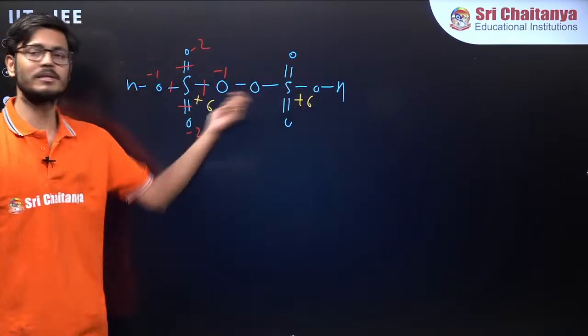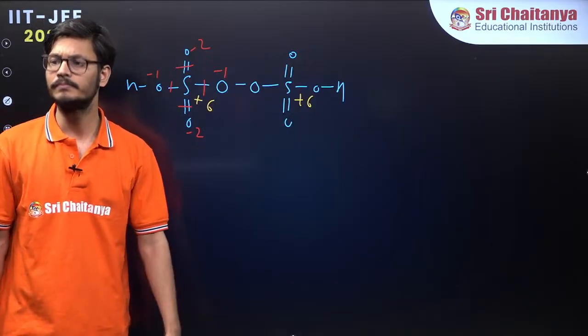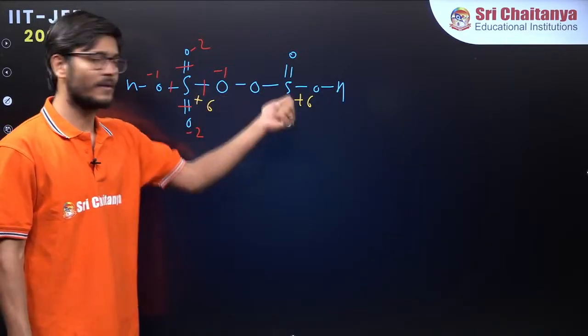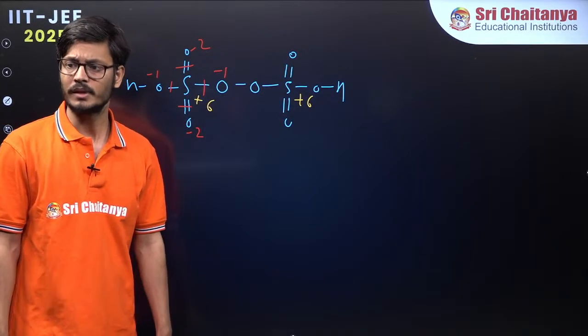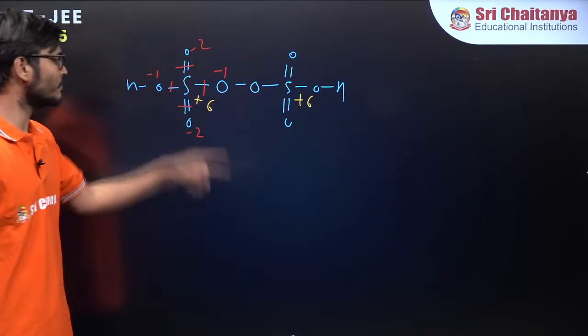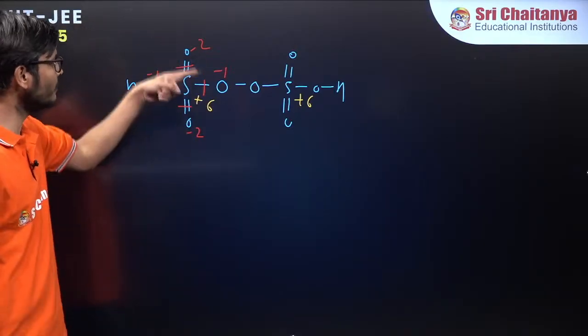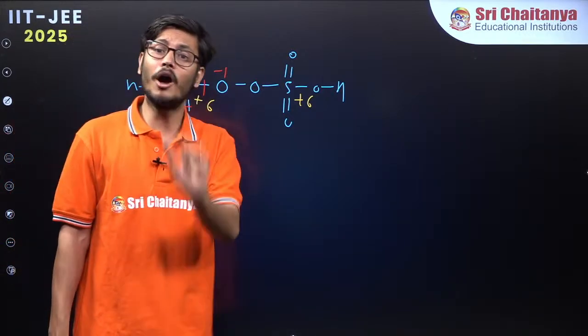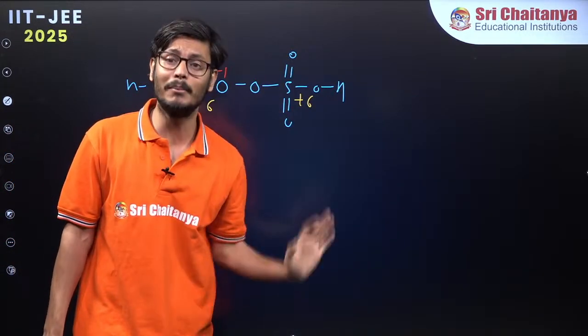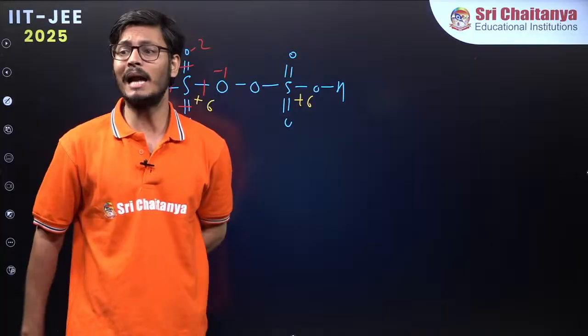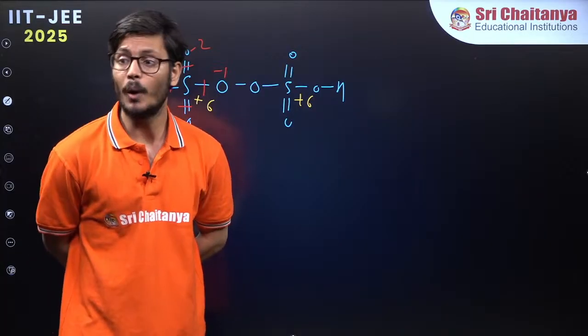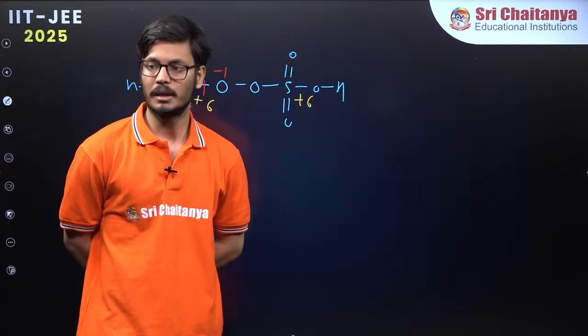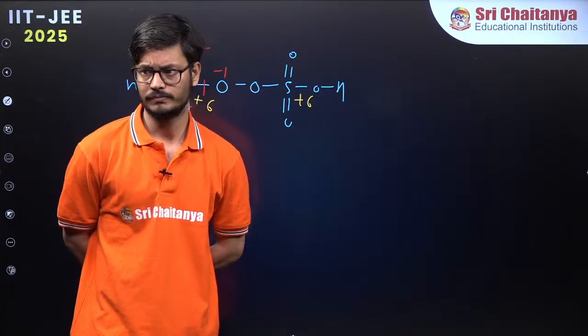So both sulfurs have +6 charge. Understood? Because all the side atoms combined have -6, this will be +6. So whenever we go beyond the maximum oxidation number, it is confirmed that there must be one peroxide linkage.